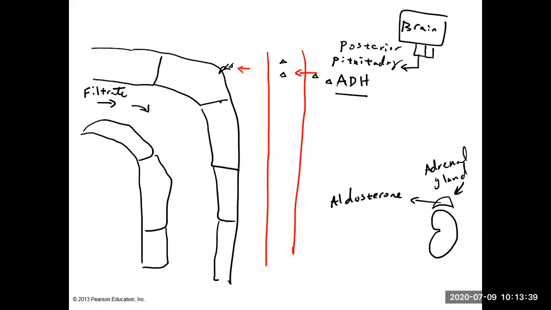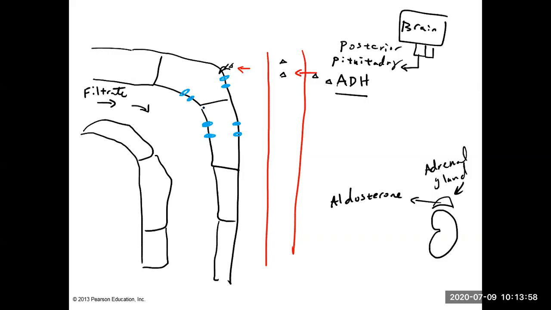So we're making these proteins known as aquaporins. Now, normally these cells have plenty of these water channels, all right? But now you're having more water channels.